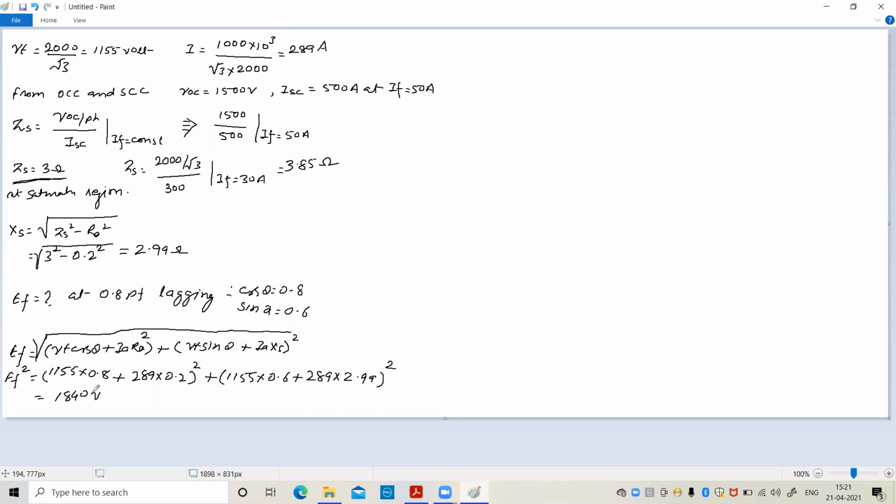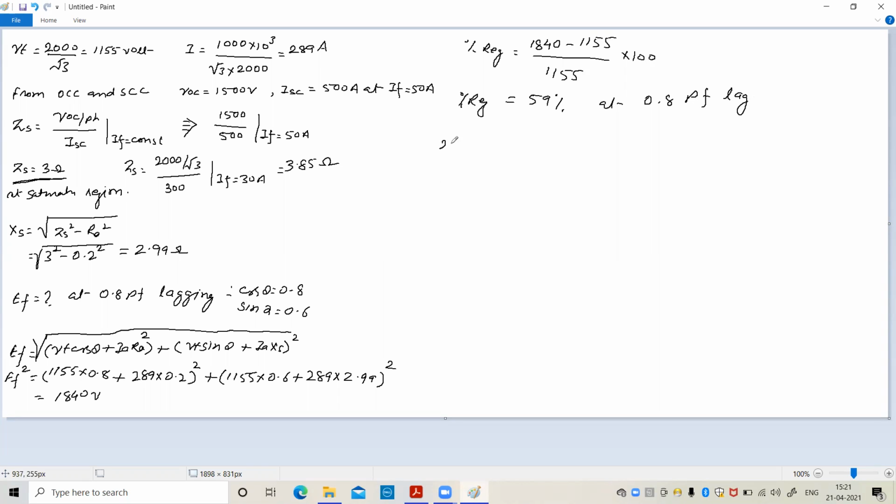Therefore, percentage regulation is equal to (1840 minus 1155) divided by 1155 into 100. So the percentage regulation is 59%. So it is very high. So it is regulation at 0.8 power factor lag.